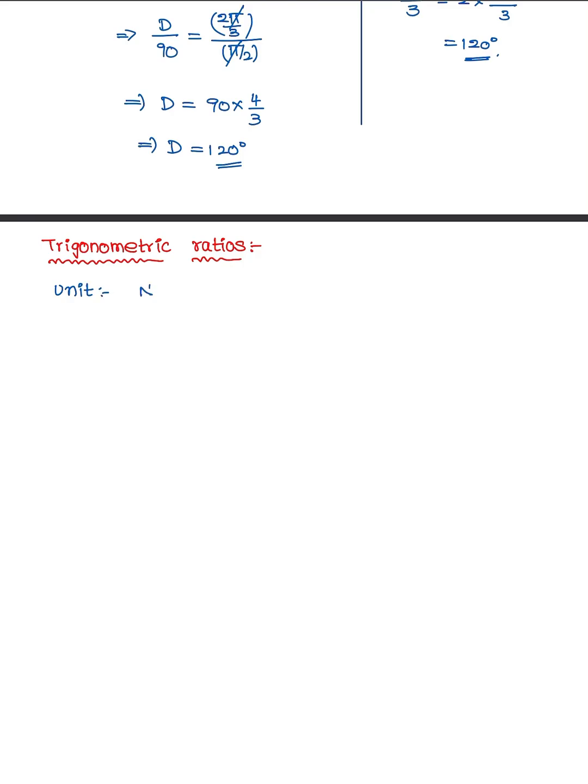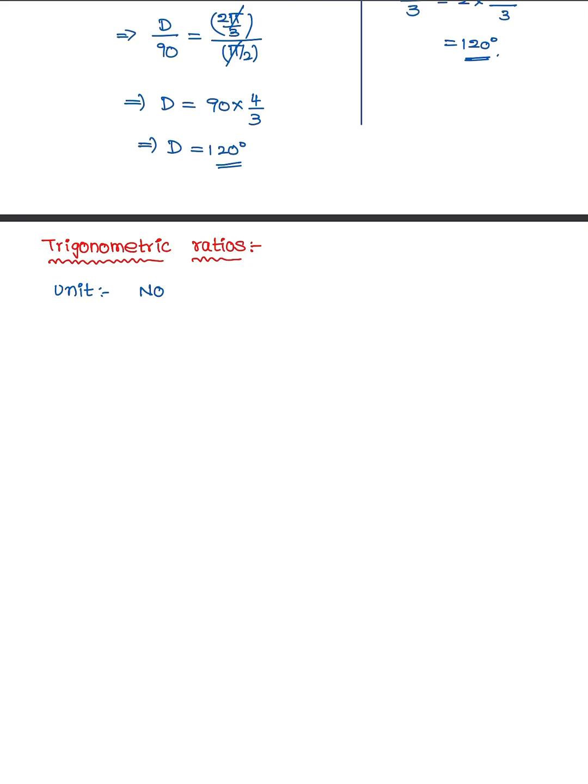No unit. Trigonometric ratios are ratios. Like you are taking 4 centimeter to 5 centimeter, the ratio is 4 is to 5 only. Here it is actually 4 centimeter by 5 centimeter, so the centimeter gets cancelled. So there is no unit for this.